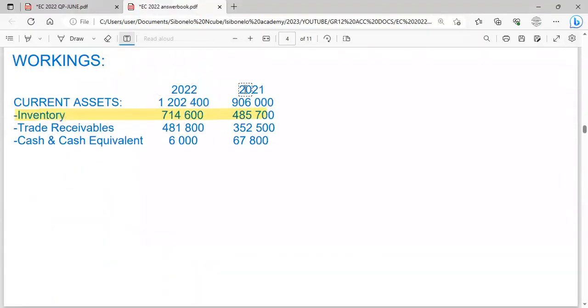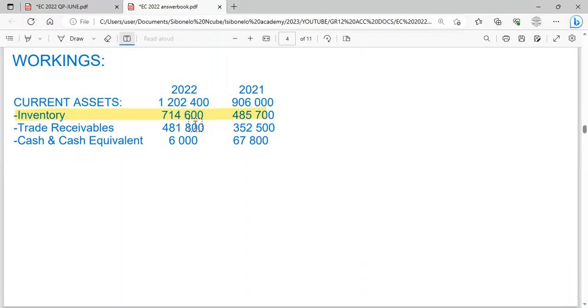Last year, the inventory balance was sitting at 485,700, and at the end of the current year 2022, it is now sitting at 714,600. So the inventory has increased, and then we're going to subtract the two figures to find the difference.